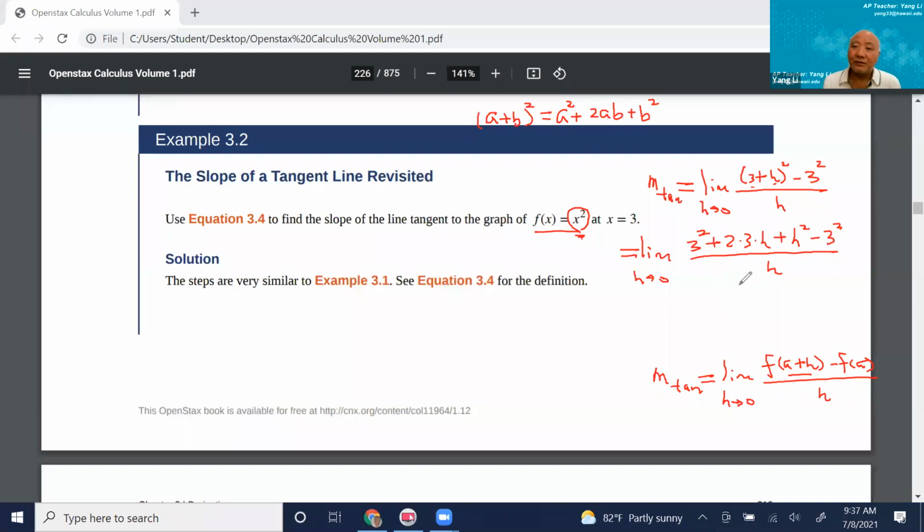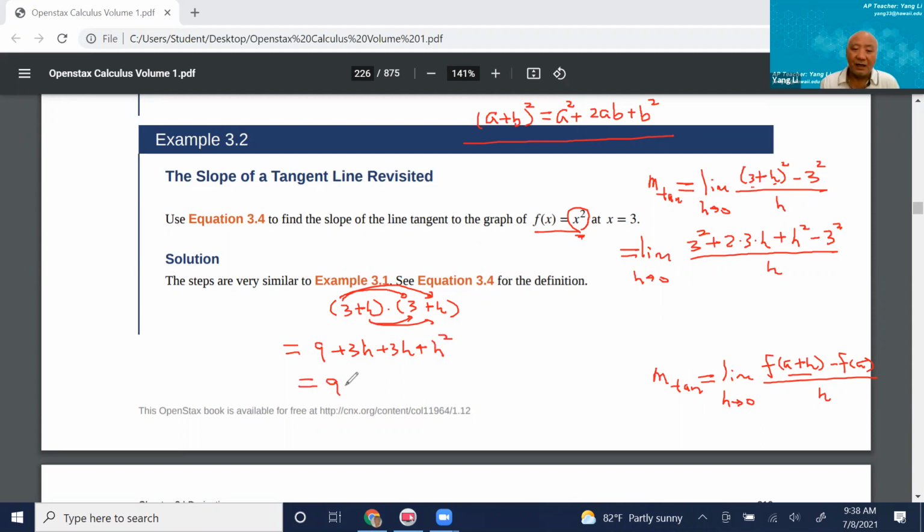Of course, some students may not remember this formula, but you still can do it. Let me show you here. You can go 3 plus h squared, which means 3 plus h times 3 plus h. Then this one times this one is 9, plus 3h, plus 3h, and this one times this one will be h squared.